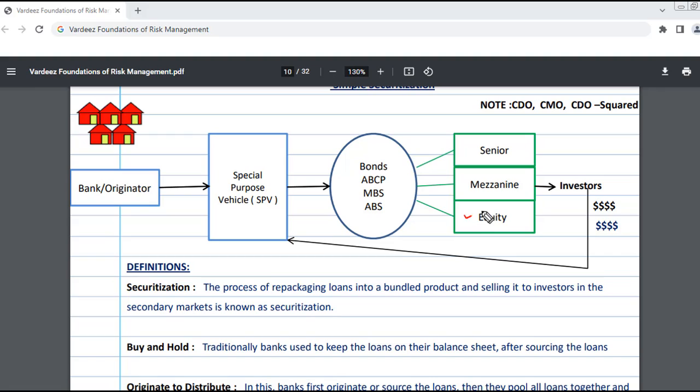Now let's just say that there's one equity tranche which is not getting sold to the investors. No one is buying this, it's very risky. So what can be done is that I can take all these unsold equity tranches, and similarly I can go to another CDO and take out that unsold equity tranche from there, then another CDO, unsold equity tranche, and I can combine all these equity tranches of all these CDOs and make them one single new CDO with again these tranches as mezzanine, senior, and so on.